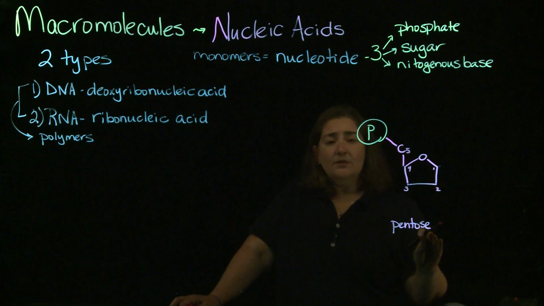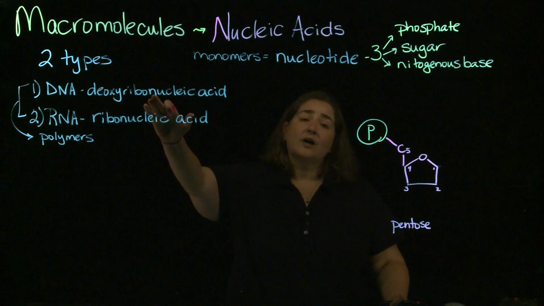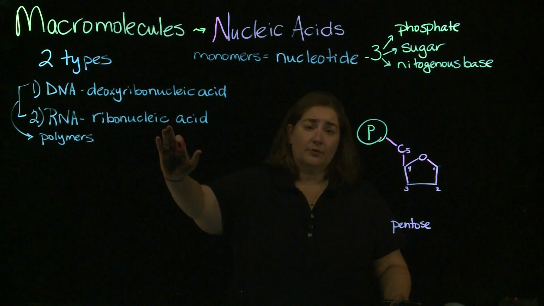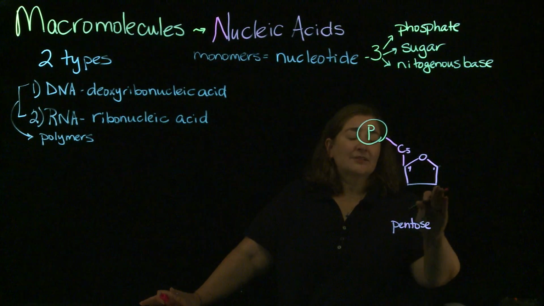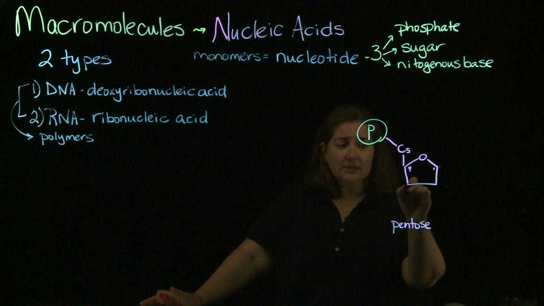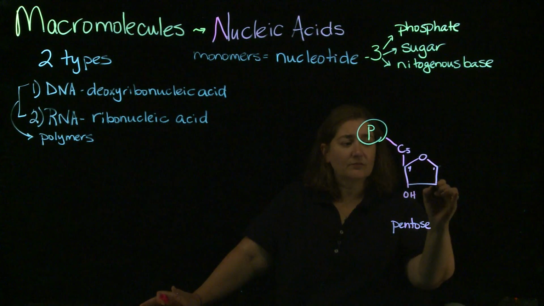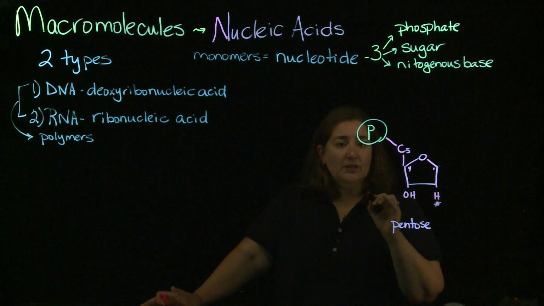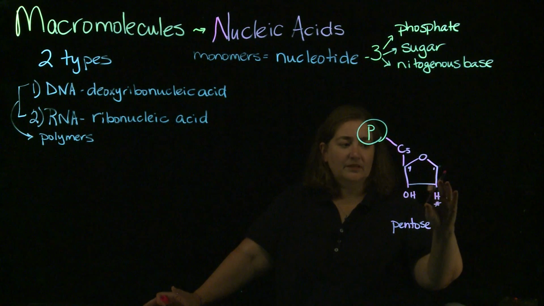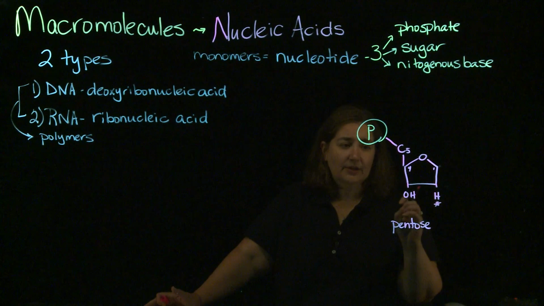The pentose sugar is what determines whether we've got DNA or RNA. The difference will become apparent when I draw the ribose next to it, but essentially it's going to get to our functional groups. What makes the difference between DNA and RNA is what's attached to that second carbon.